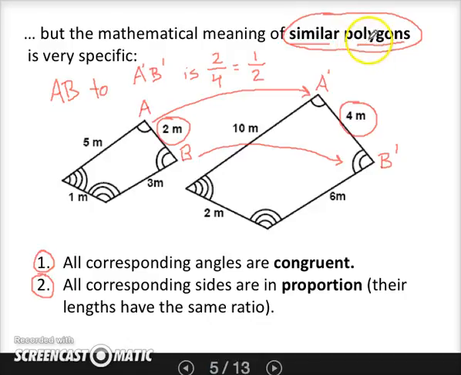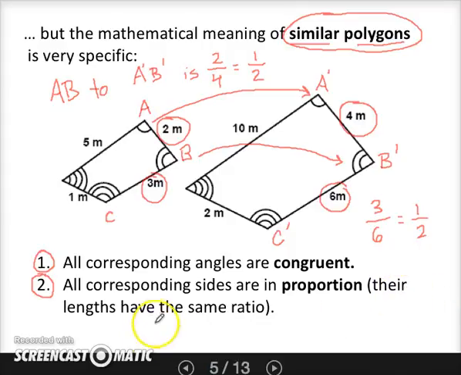And let's check one other side just to make sure that we're on the right track here. Suppose we called this vertex C and this vertex C prime. We could see that the 3-meter side in this polygon corresponds to the 6-meter side in this polygon. So BC to B prime C prime, the ratio there is 3 to 6, which is also 1/2.